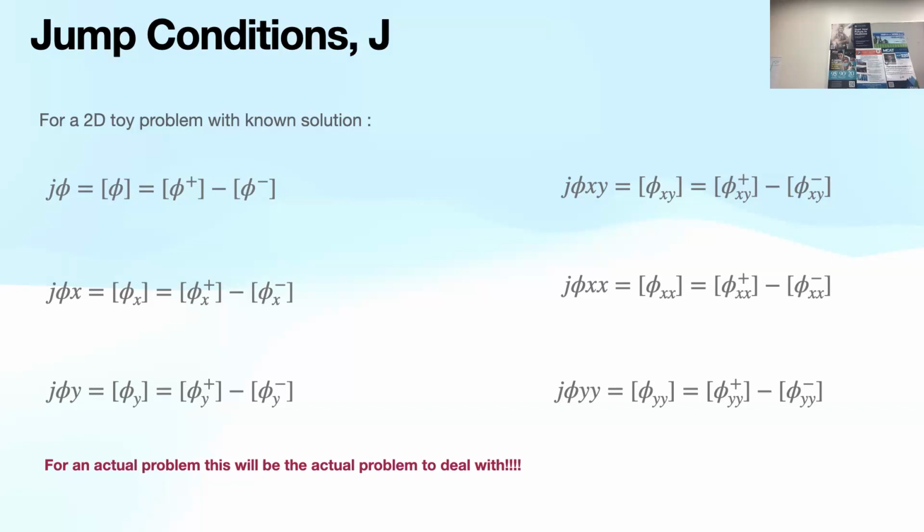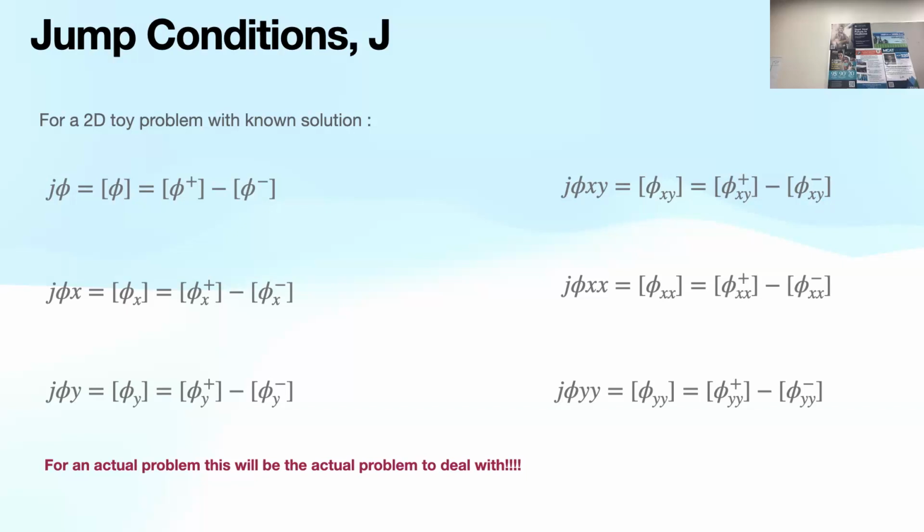And then the interface that we have, g of x, is x squared minus 2x. Now the jump, that is the difference between u plus and u minus, is what I'm calling j of u, the jump of phi in that case. And that is going to define the interface function.